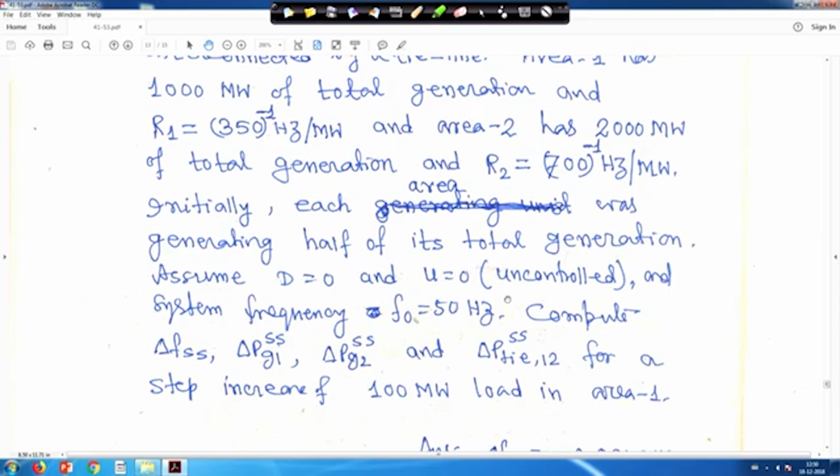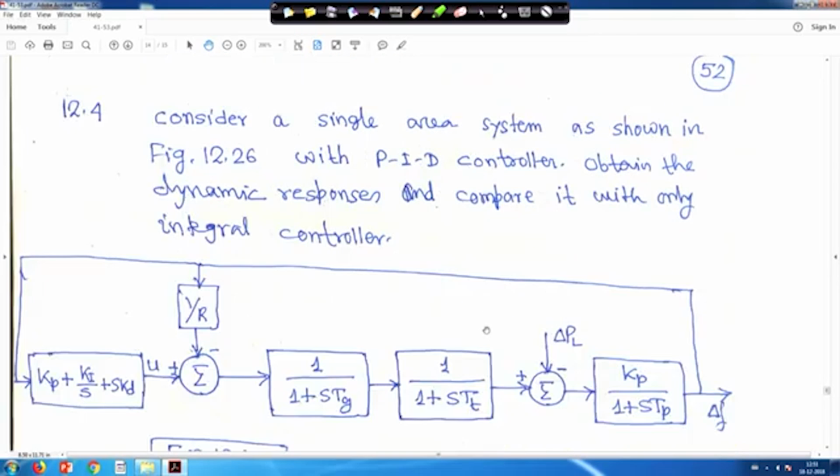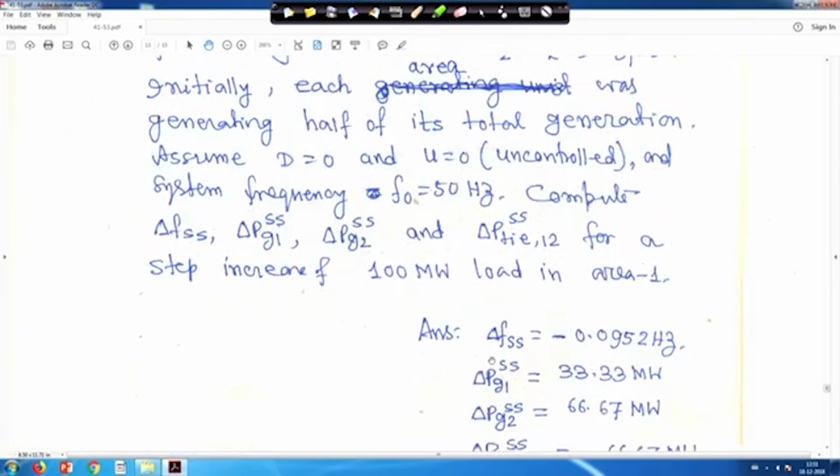Assume D is equal to 0 and U is equal to 0, that is, uncontrolled, and system frequency F0 is 50 hertz. Compute the steady state values of frequency, generations and tie power for a step increase of 100 megawatt load in area 1. These are the answers.